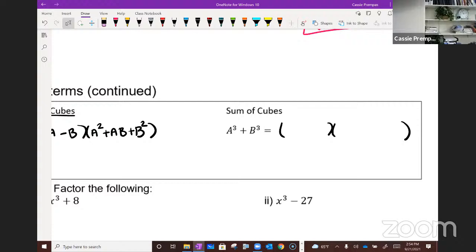Well done, if it's correct. Well done. Wait, I just realized, I did A plus B, and then A squared minus AB plus C. Well done. Very, very close. Oh, great, okay, now it's not fair.